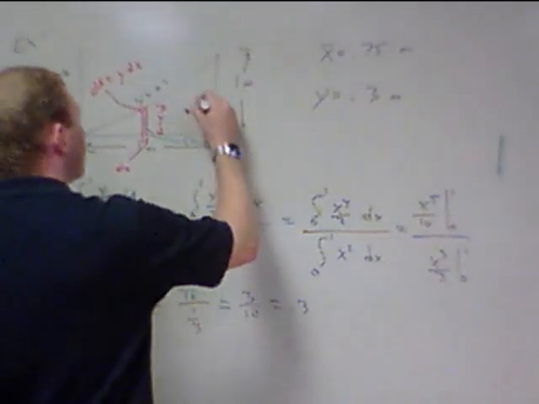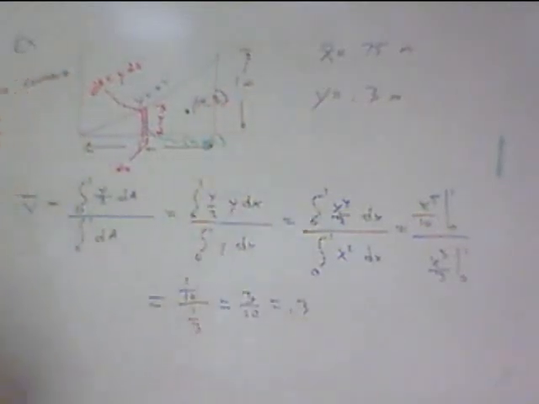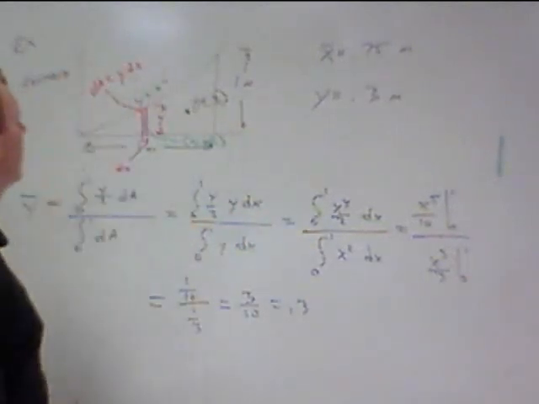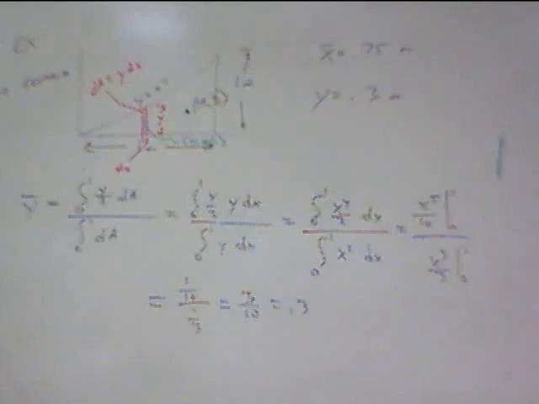And this is at 0.75, 0.3. So that's finding the centroid of something where we would have to use integration. Again, we could have done horizontal slices. It would have been a little more difficult. We would have had to flip this around and use x equals the square root of y during our integration. But either way, it will work.